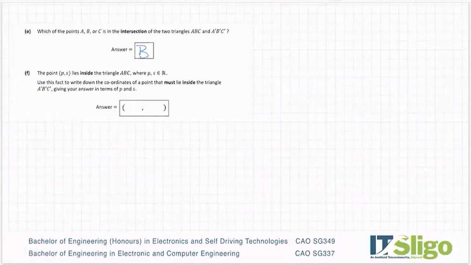Now F, the point (p, s) lies inside the triangle ABC, where p and s are elements of R, so they're real numbers. Use this fact to write down the coordinates of a point that must lie inside the triangle A dash, B dash, C dash, giving your answer in terms of p and s.